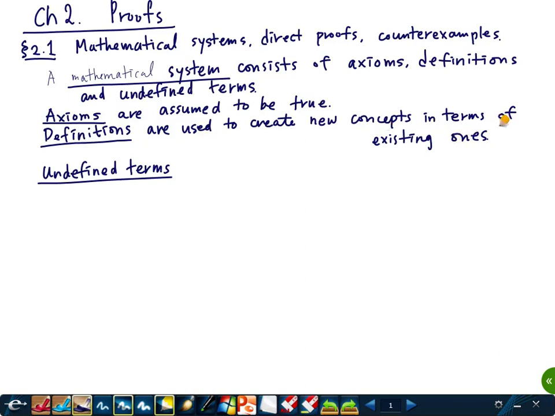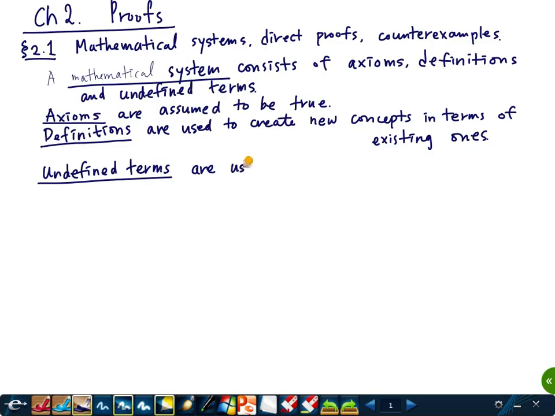So if you go on and on, you'll never finish. So we need to have at least one or several terms that are defined without definition. So undefined terms. But these will be some kind of concepts that are quite obvious in our intuitions. But we cannot really define mathematically everything.